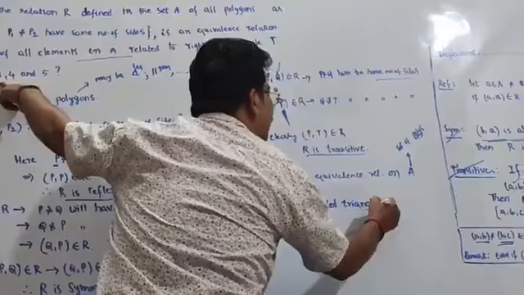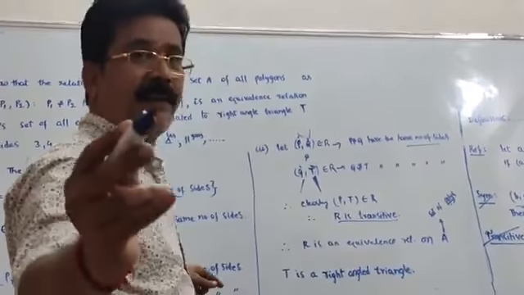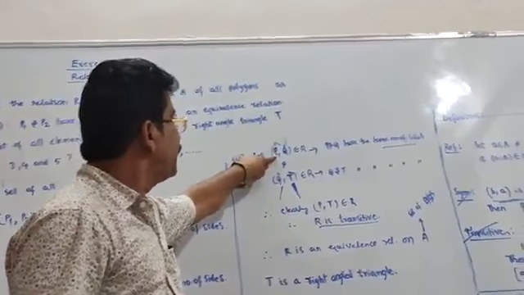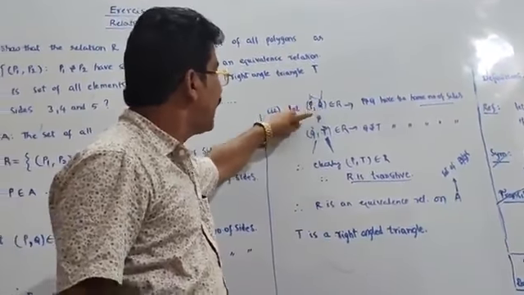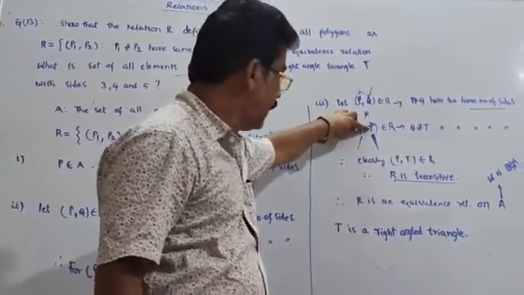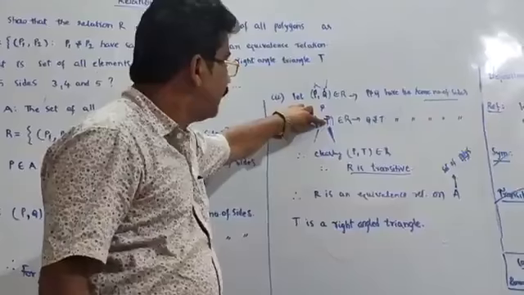What I am telling is that T is a right angled triangle. What I said in the transitive property, third point: if capital P is a triangle, then Q will be the triangle, thus T will be the triangle. So therefore here T is a triangle.